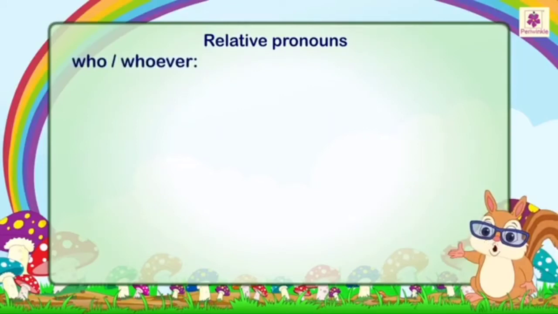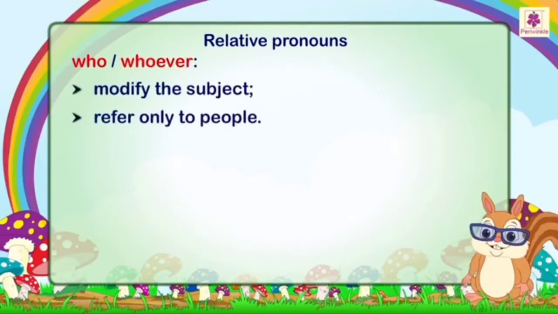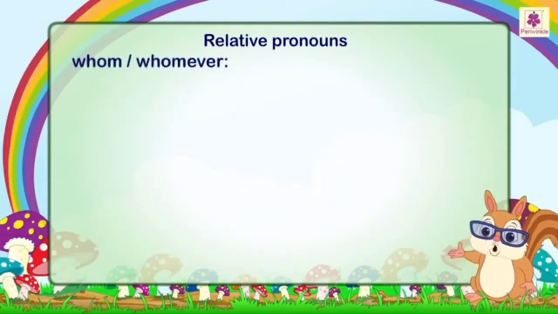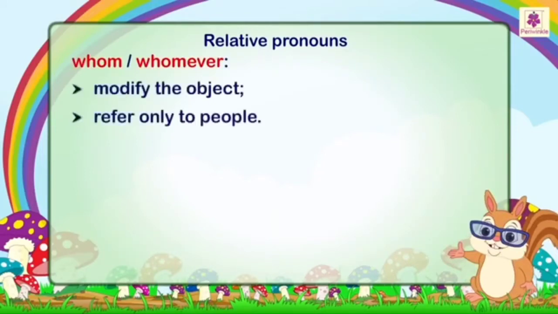The relative pronouns who or whoever modify the subject refer only to people. For example, the prince was looking for the maiden who had left her shoe at the ball. The relative pronouns whom or whomever modify the object refer only to people.